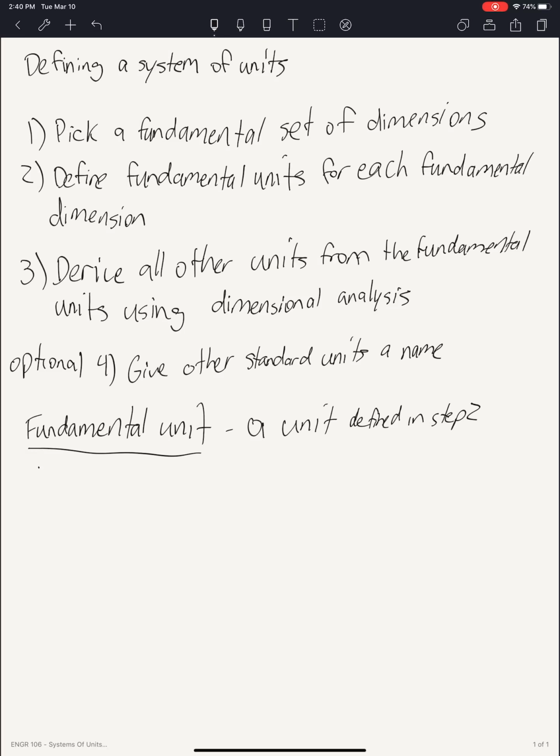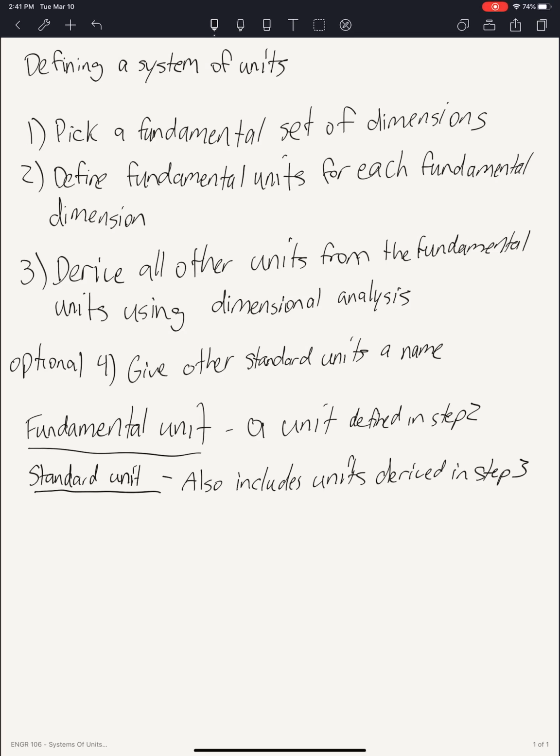If I talk about a standard unit, this also includes units derived in step 3, or the ones named in step 4 for that matter.